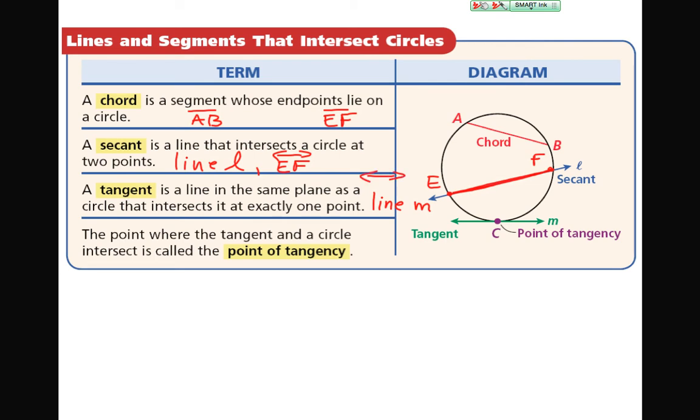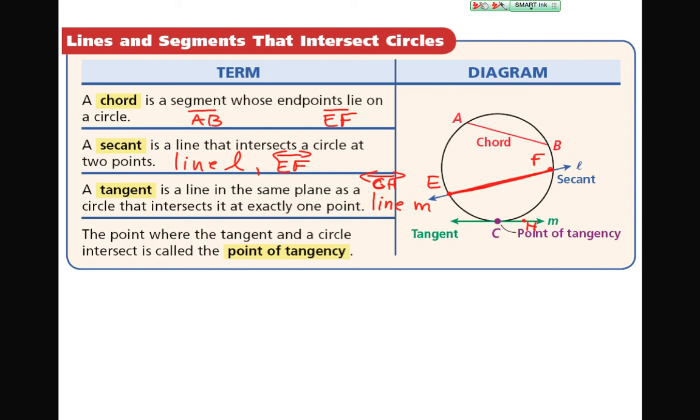Not with what's there. If we put another point, like H, we could say it's line CH. So you'll have to go with what's in the diagram, I guess, in order to name those different ways.